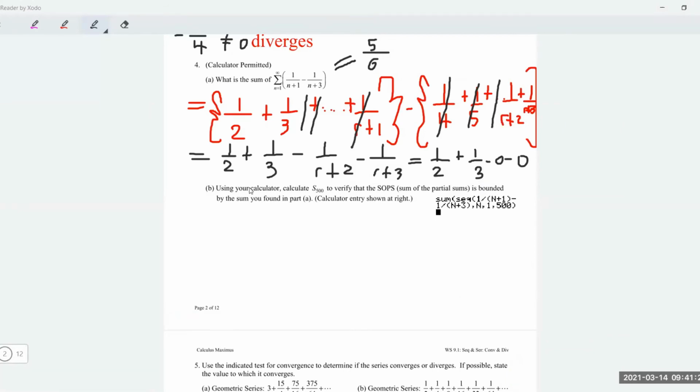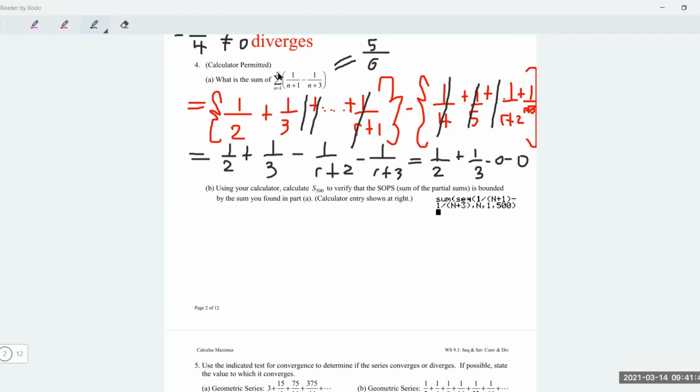Now this says, using your calculator to verify that the sum of the partial fraction is bounded, it wants us to evaluate S500. Now, S500 just means it wants to find the sum from 1 to 500.